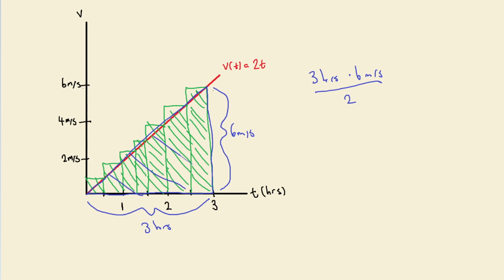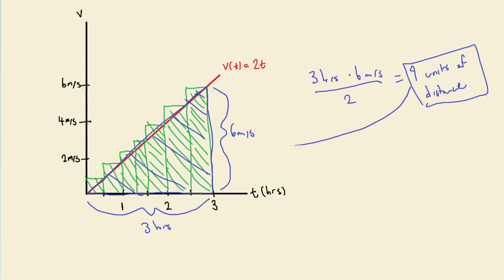That would give the area under this curve, and this would be equal to 9 units of distance, because I used meters per second and hours, so this would just give 9 units of distance, but it would represent exactly how far the car traveled at the end of the interval, and this would no longer be an approximation. Now you're probably wondering why I even bothered with this whole mess about the rectangles.